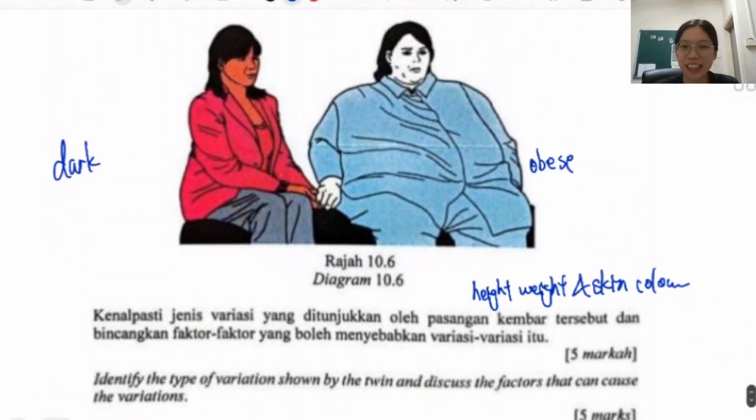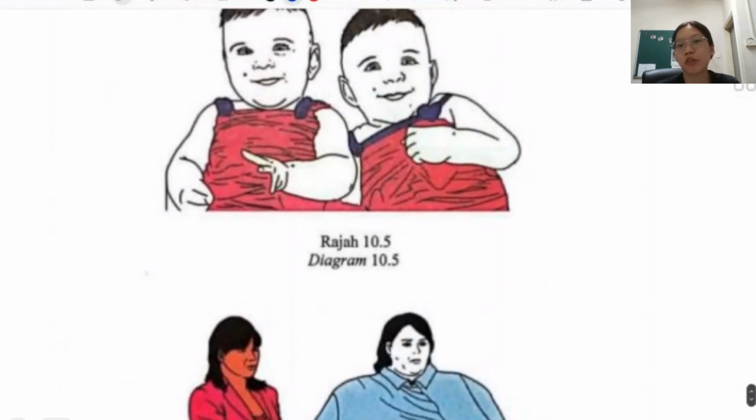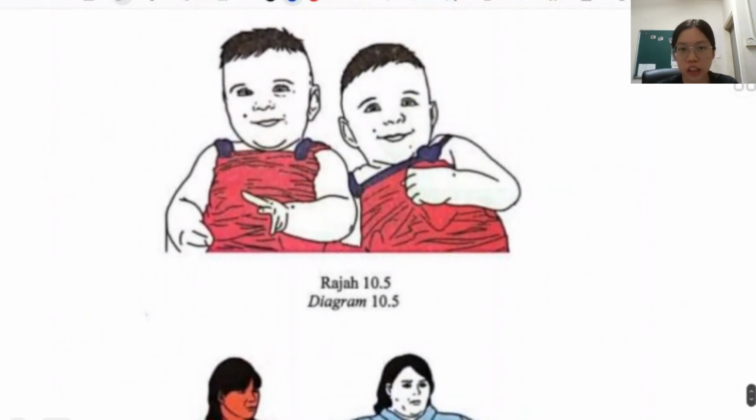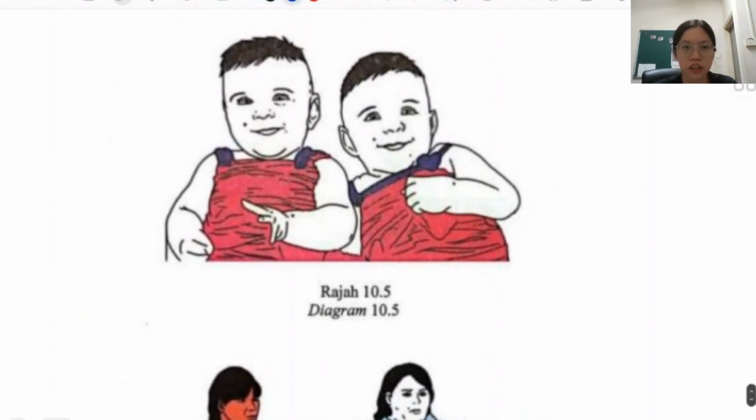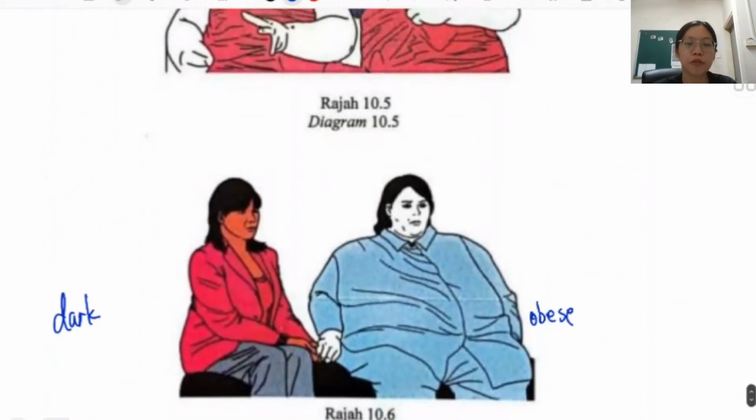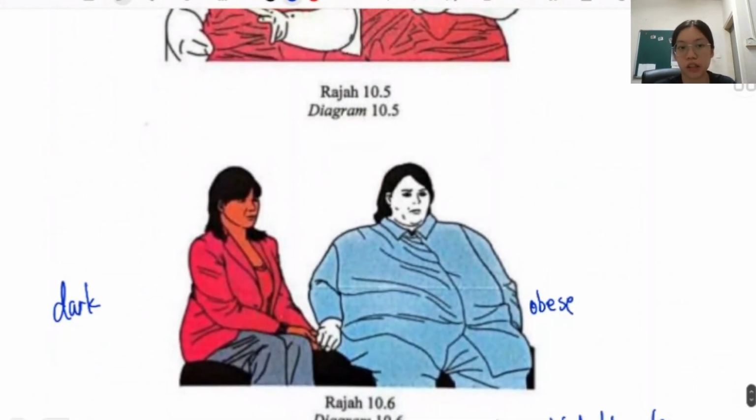And how are you going to discuss the factors? Well, since their genetic factors are very similar, because they are identical twins, we have to emphasize more on the environmental factors. Why this person ends up so dark in color is because of the light she was exposed to.